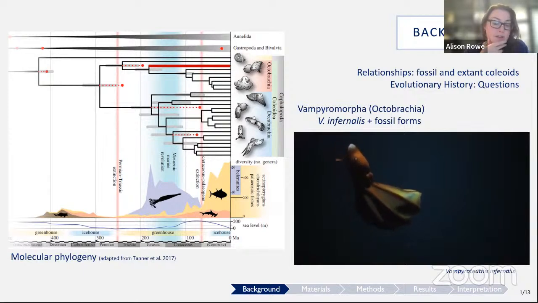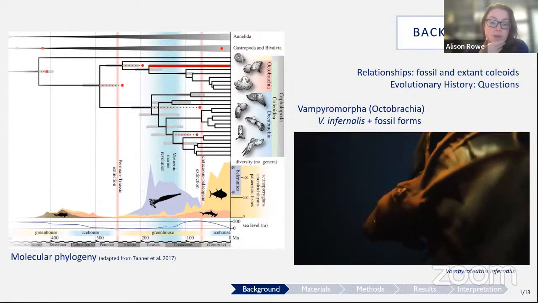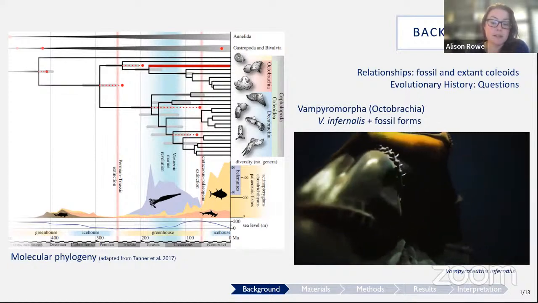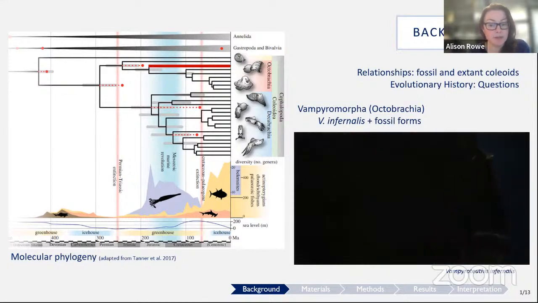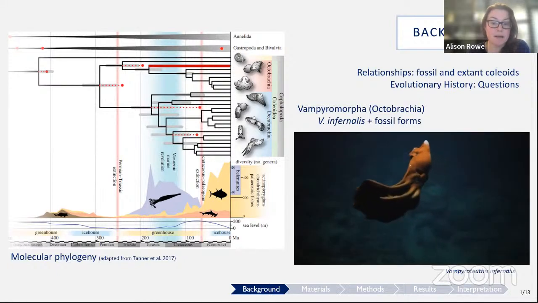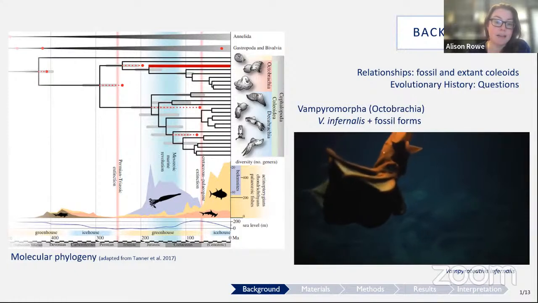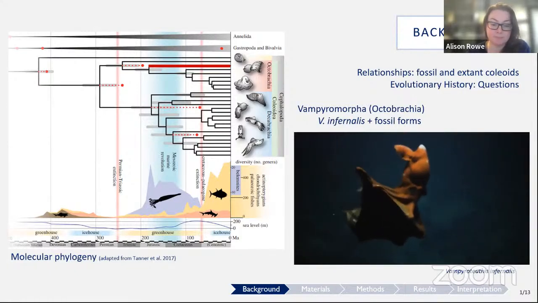They also have a mode of life that is unique among modern coleoids. They occupy deep sea environments, often found in and around oxygen minimum zones, and they're detritivores. Today, though, they are accepted to be positioned within the 8-armed Octobrachia up here.